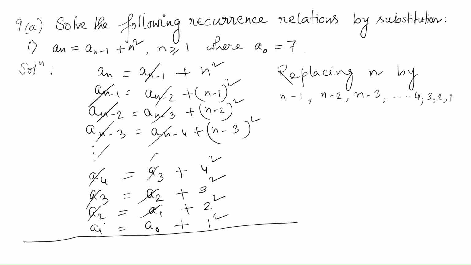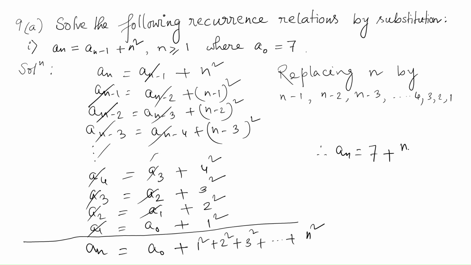In this way, at the end we will have a n equal a naught plus 1 square plus 2 square plus 3 square up to n square. a naught is 7 given, therefore a n equal 7 plus the sum of the squares of n natural numbers, which is n into n plus 1 into 2n plus 1 by 6. So this is the required answer.